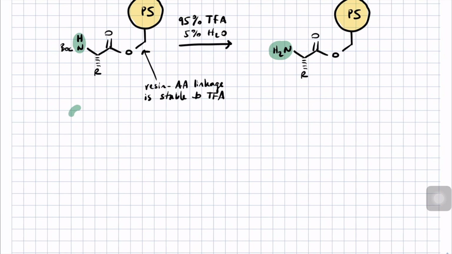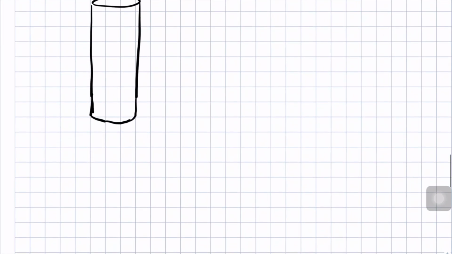So imagine you have a reaction vessel that looks something like this. It's just a long tube. At the bottom, you have polypropylene or some kind of filter disc.